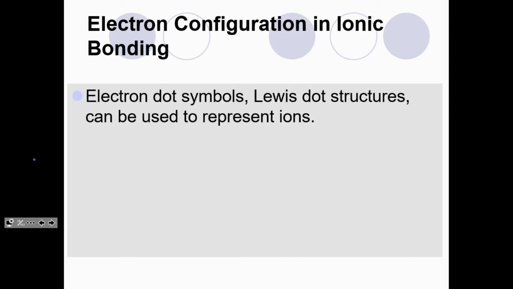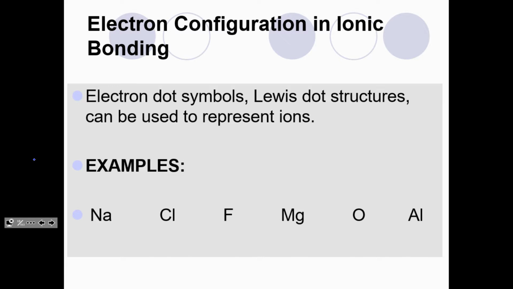So the electron dot symbols that we just drew can be used to represent these ions. So let's go through a few examples. Remember, you can have cations, which become positively charged, and anions, which become negatively charged. So if I'm looking at sodium, sodium usually has 1 dot, and to become like a noble gas, it's going to lose an electron to become positively charged.